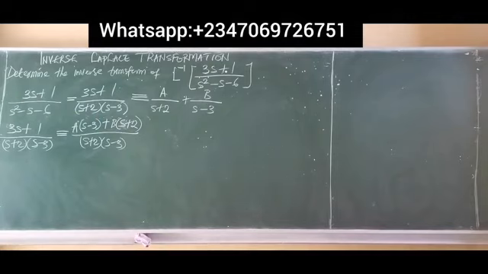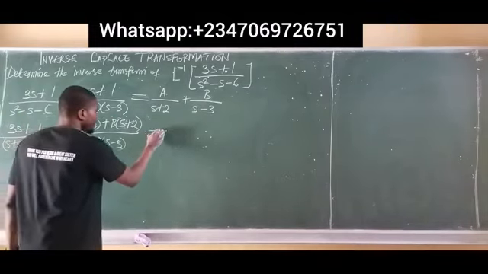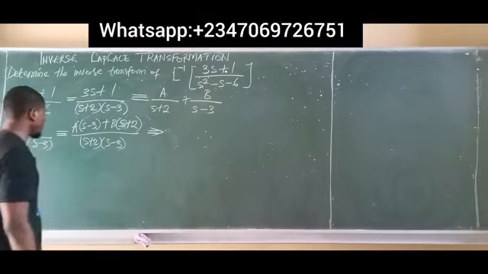Now from the idea of partial fractions, since the denominators are equivalent, it also means that the numerators must be equivalent. So this simply implies I'm now going to be equating the numerators.